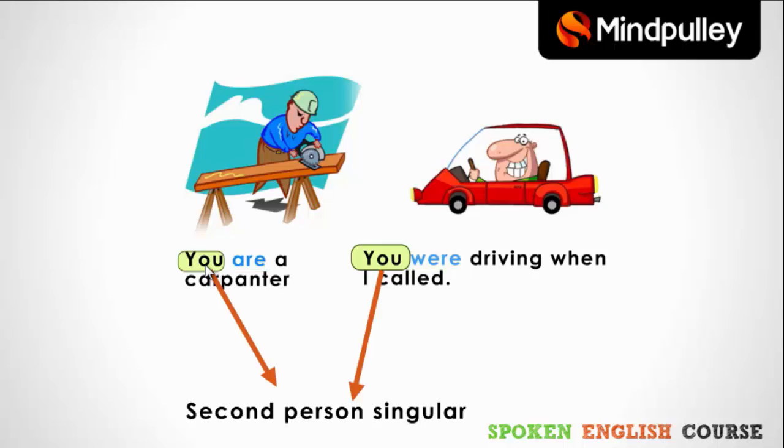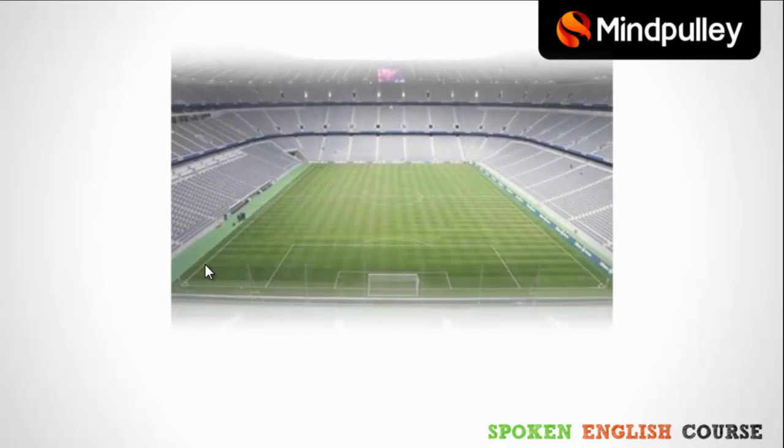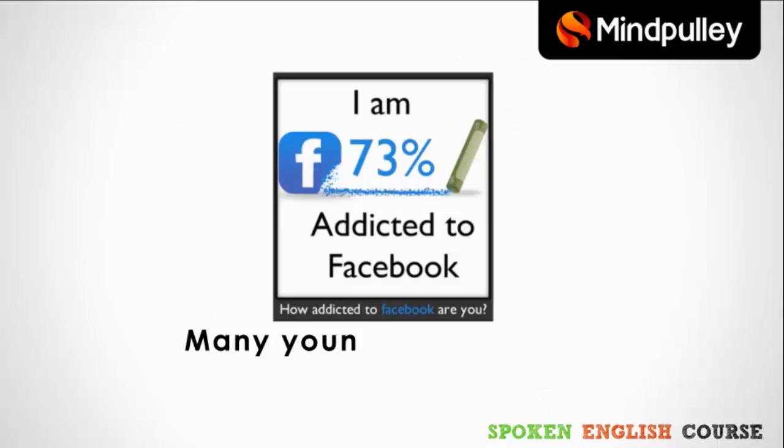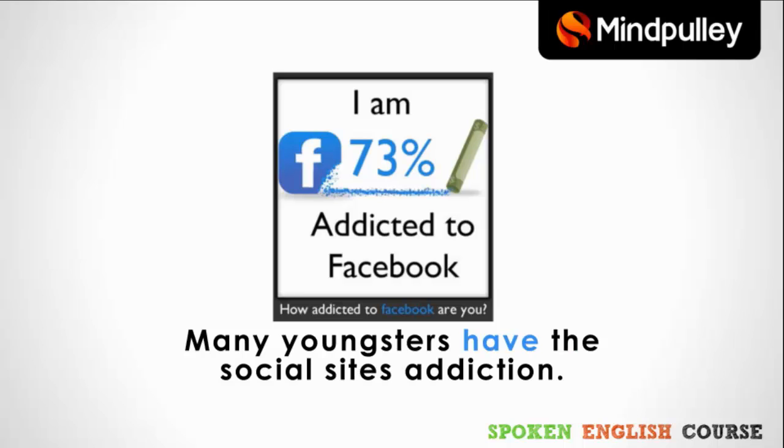Some more examples are, our college has a big football ground. In this example, has is an auxiliary verb. Many youngsters have the social sites addiction. In this example, have is an auxiliary verb and youngsters are the subject. They are plural, so the auxiliary verb have is also plural.